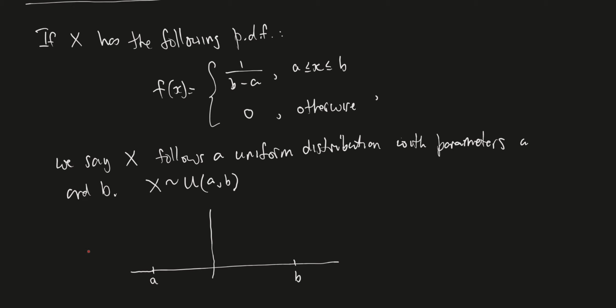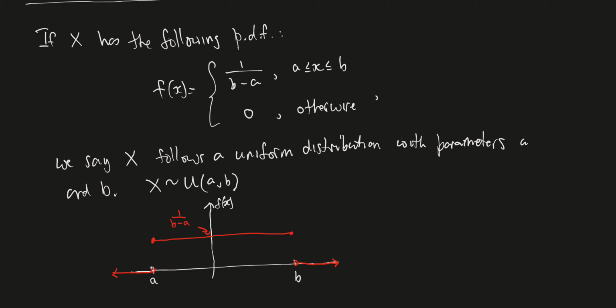Then if we were to sketch this, it will be 0, and then it would have a jump, and then it would be constant, and then it would have another jump, and then back down to 0, right? So that would be the graph of this, and the height of this constant value is 1 over b minus a. So that would be the graph of the PDF.